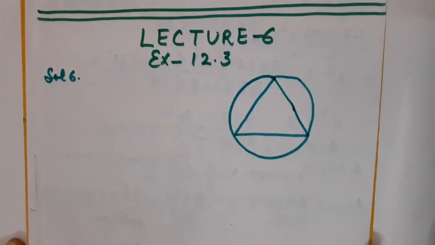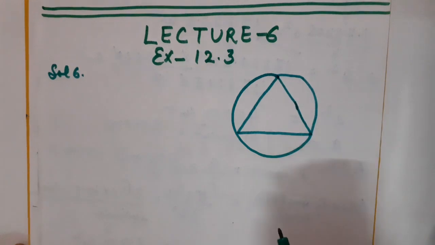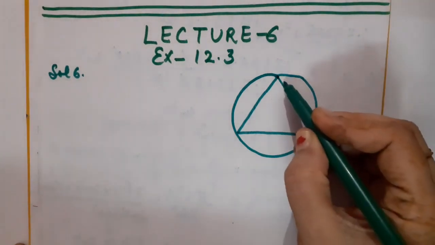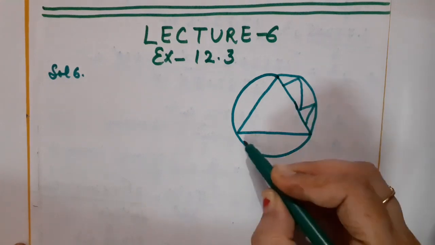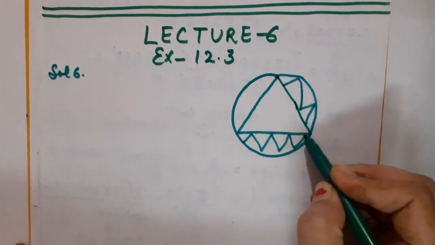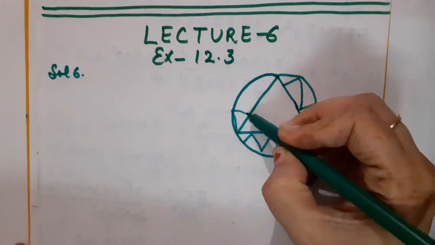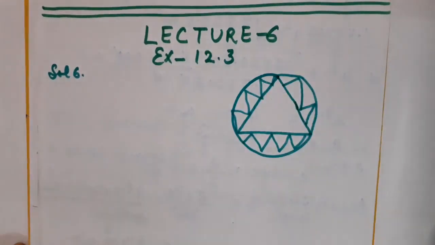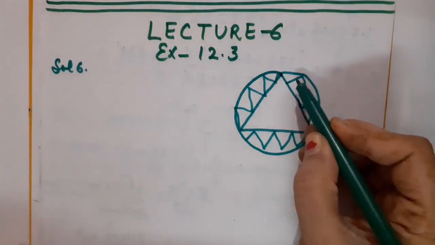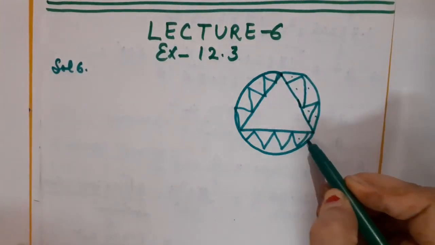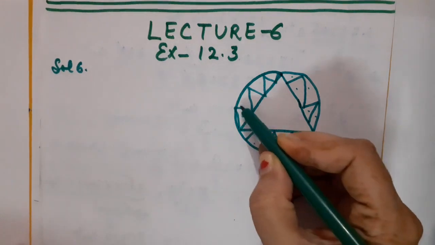This figure is there in the book itself, and there is a design made in this remaining part. This is the designing made. Okay. So it is said that we are supposed to calculate the area of this design. We are going to calculate the area of this design.